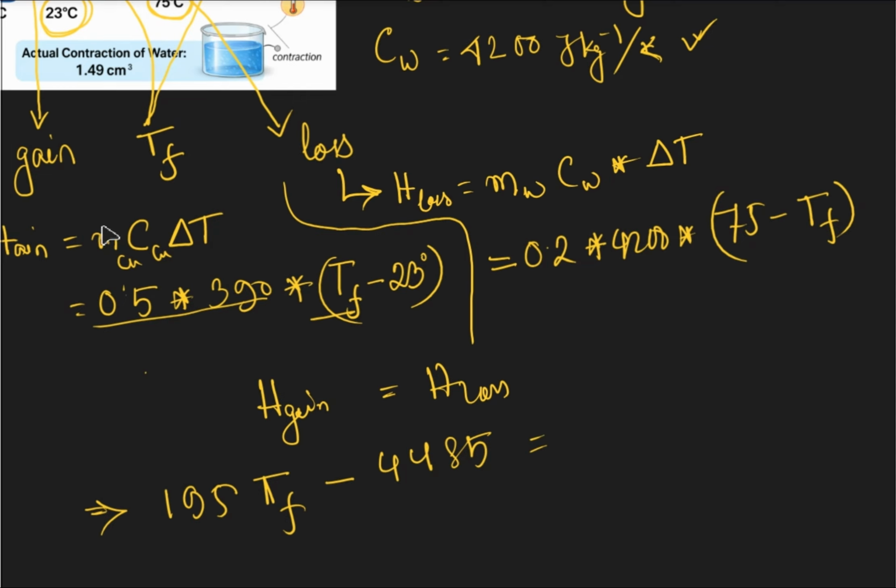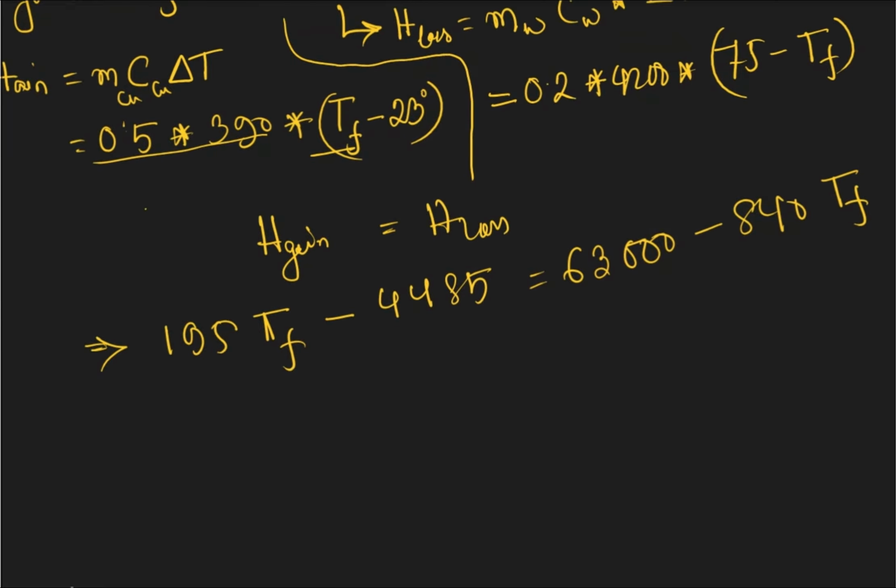equals to, here we multiply this term with 23, so we have 4485, as well as we multiply this part with 75, that is 63000, and the multiplication with the final temperature with this part, that is 840 TF.